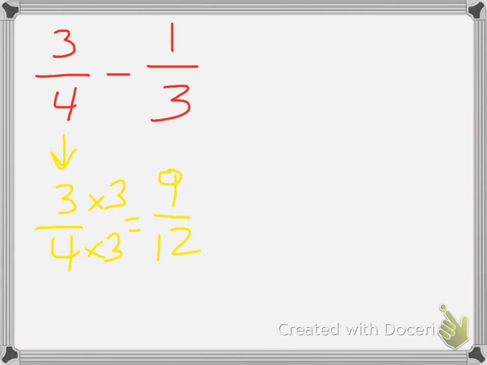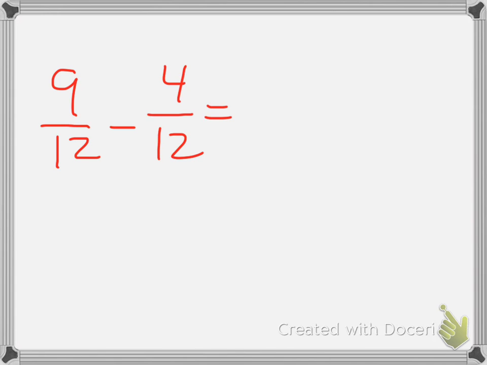We'll take the 1/3, multiply that by 4, and we get 4/12. Now we can go ahead and subtract 9/12 minus 4/12. 9 minus 4 is 5. Bring the denominator across, and you're done.